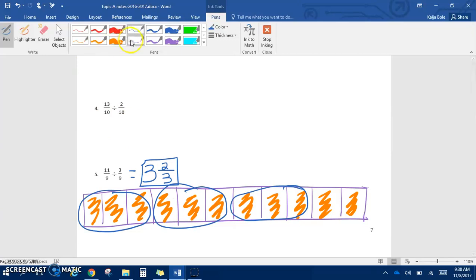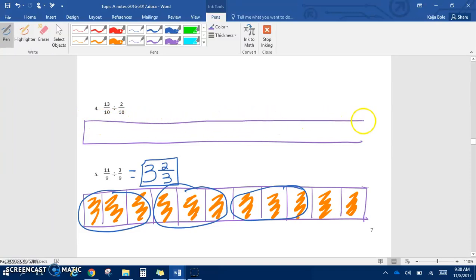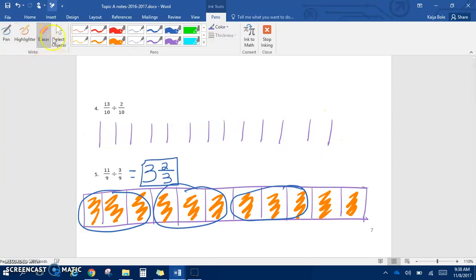We're going to look at number 4 now. So we have 13/10 divided by 2/10, so that means we need 13 boxes on the top here. Oh no, it all disappeared on me.